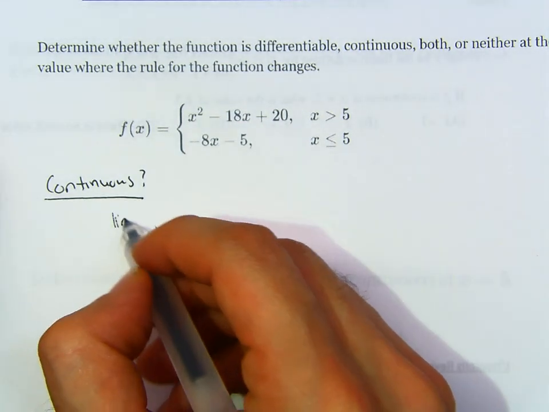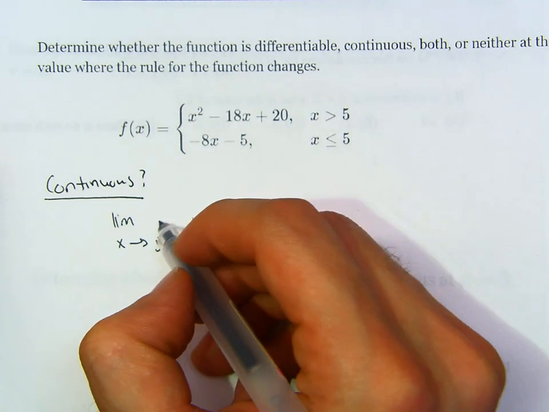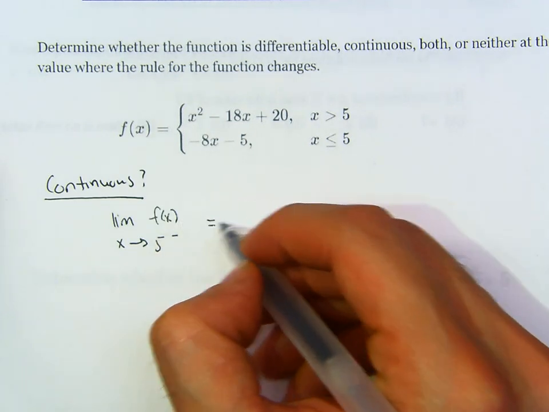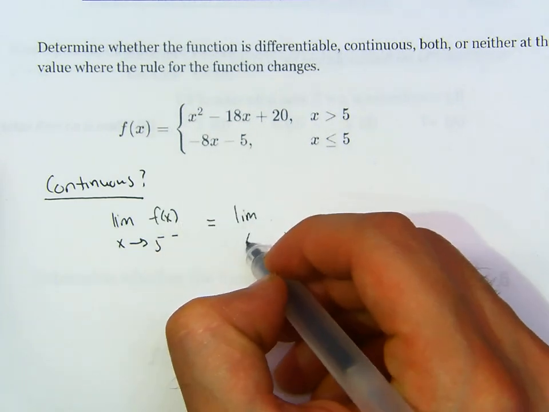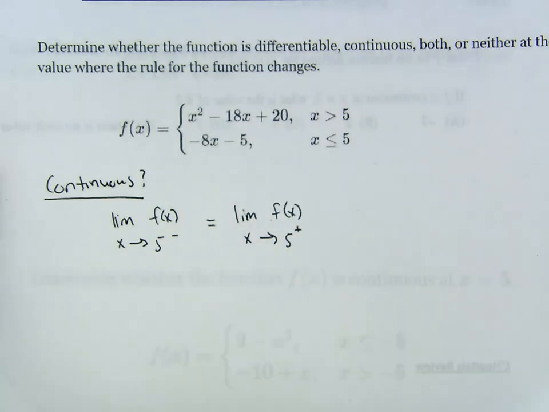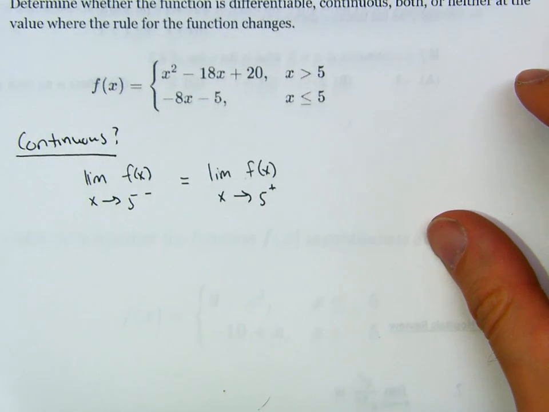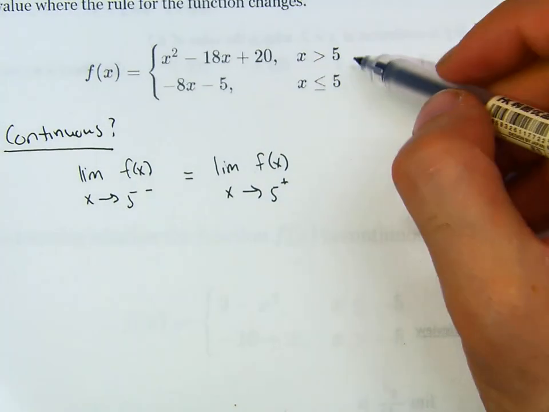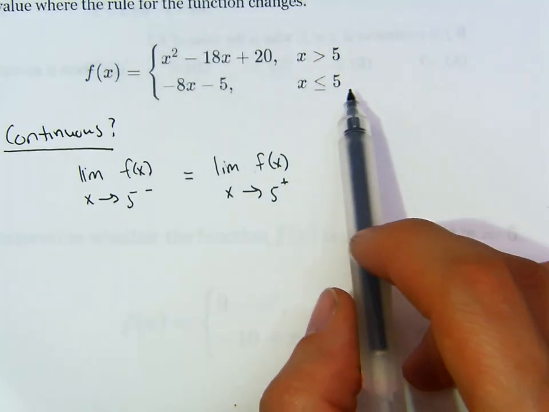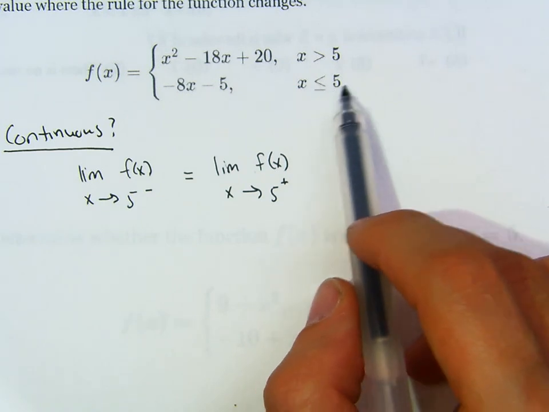So the limit as x approaches 5 from the left for f of x has to equal the limit as x approaches 5 from the right of f of x. Okay? So then what happens here? So which one of these functions is coming from the left? It would have to be this function here, because it's saying x is less than or equal to 5.